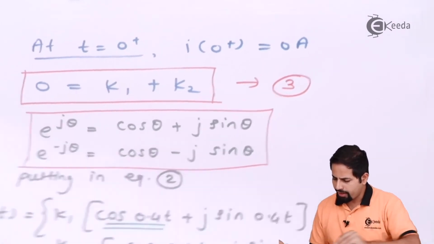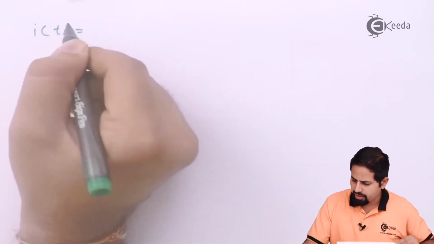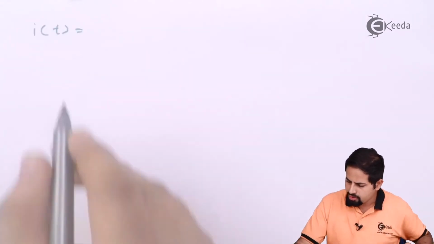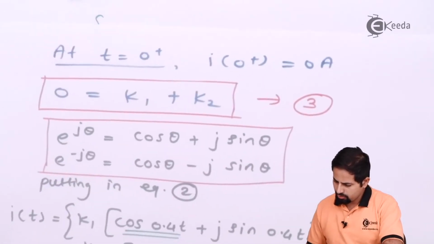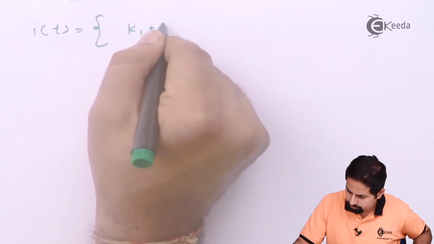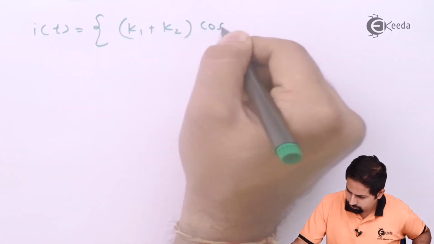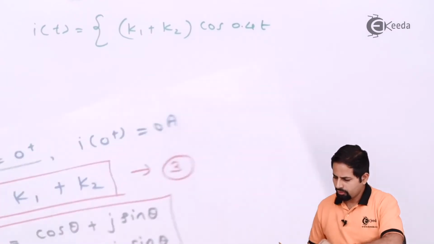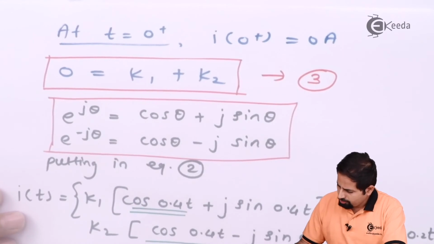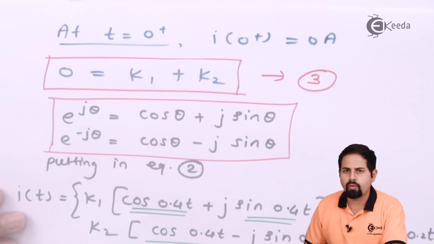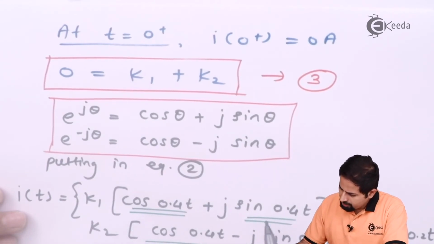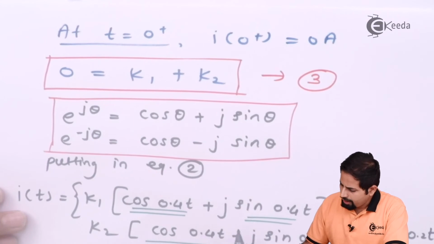So after combining, what I will get, I of t equal to k1 plus k2 into cos of 0.4 t, and if I combine the two sine terms, sine of 0.4 t and minus sine of 0.4 t, I get j k1 and j k2.